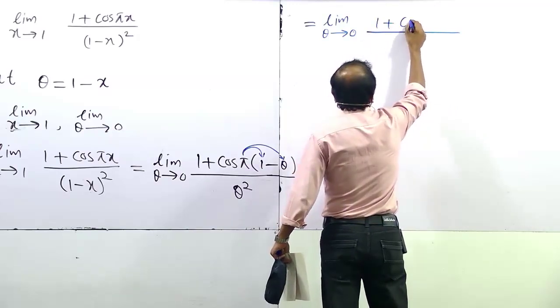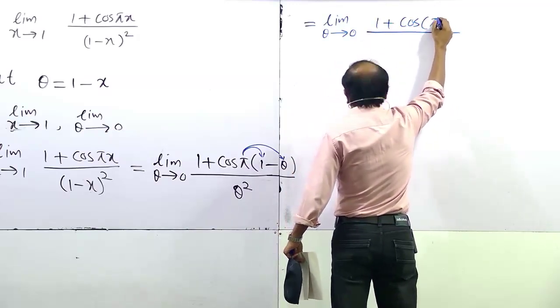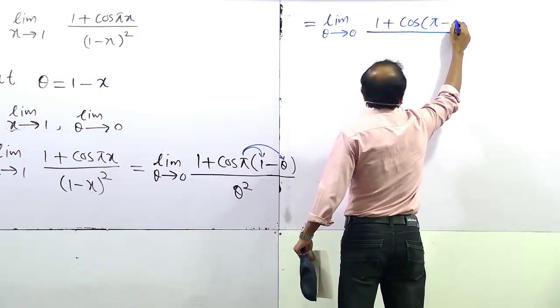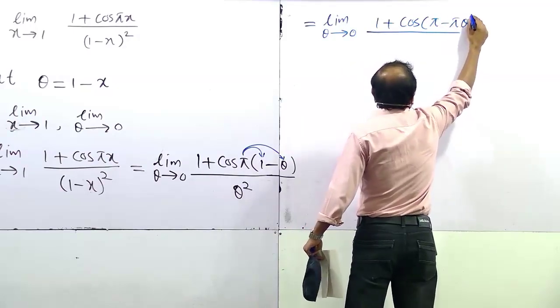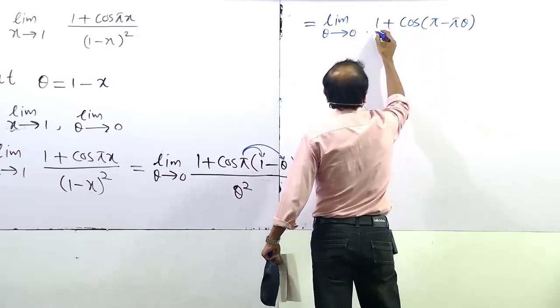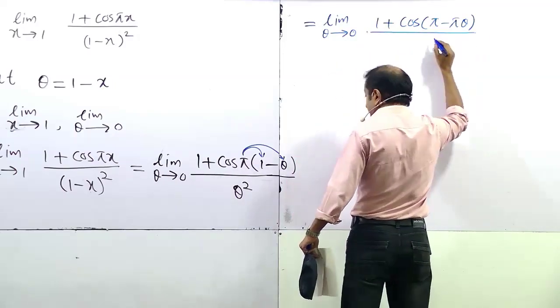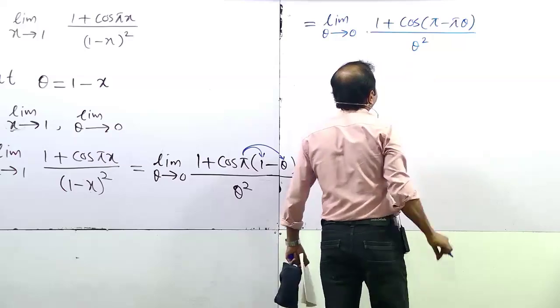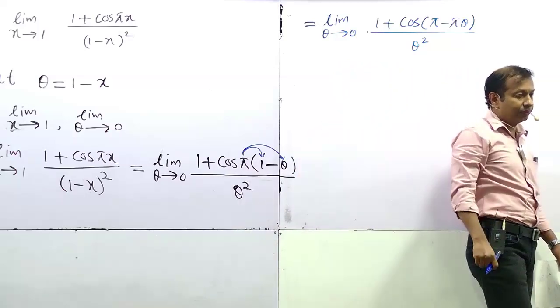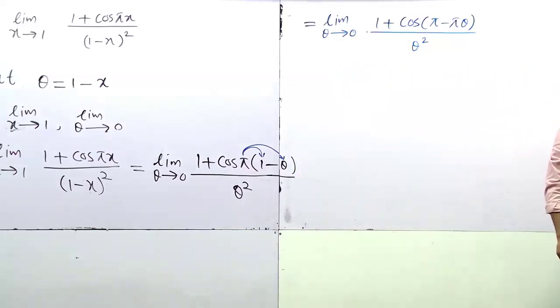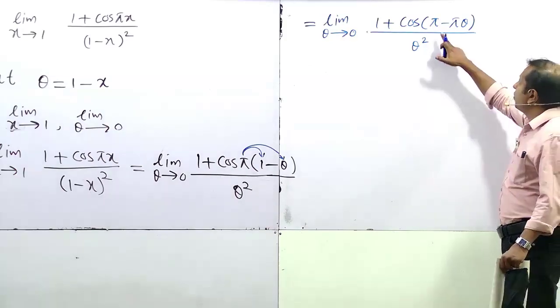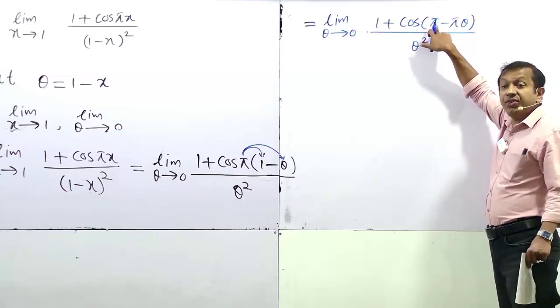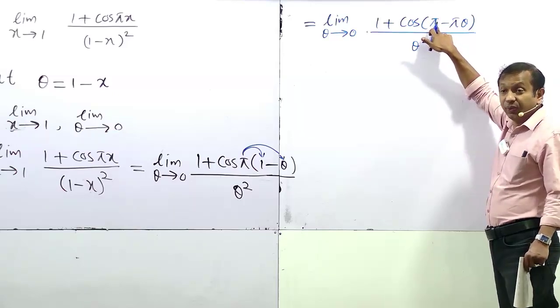1 plus cos, minus pi theta, divided by, okay. Right. Usually what is pi in degrees? 180, no?